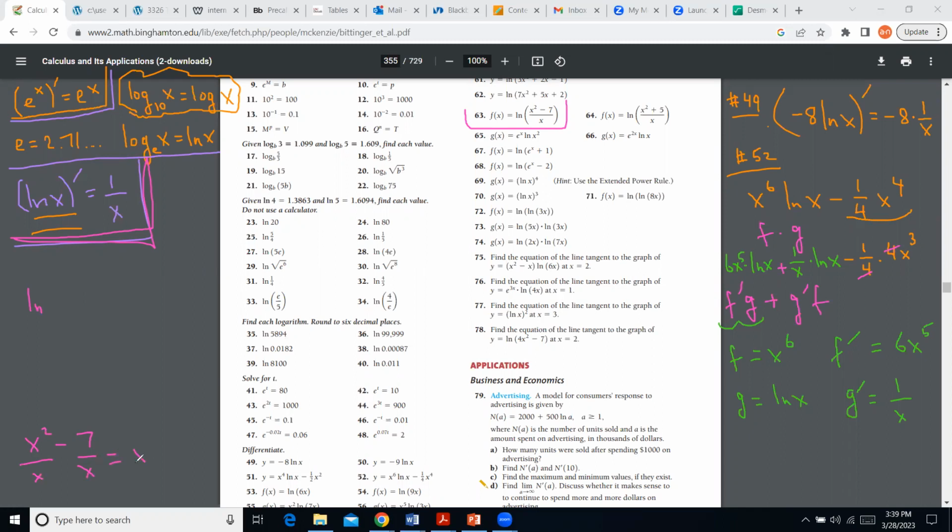Remember, we always want to take derivatives of powers of x. And notice I was able to write this as a power. So I will write this as ln of x minus 7 raised to the power of negative first.